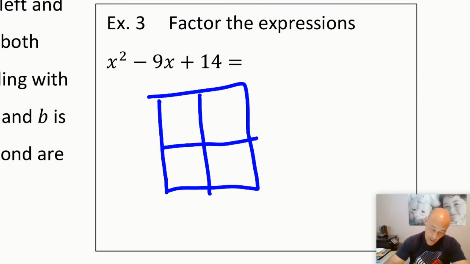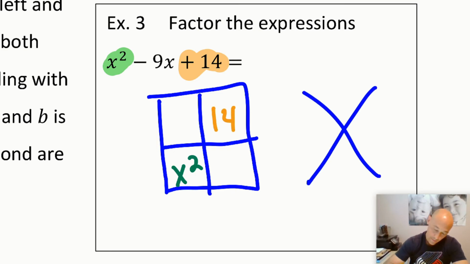So we have our x squared term goes in the lower left. Our constant goes in the upper right. We multiply those together to get 14x squared, and that goes in the top of the diamond.